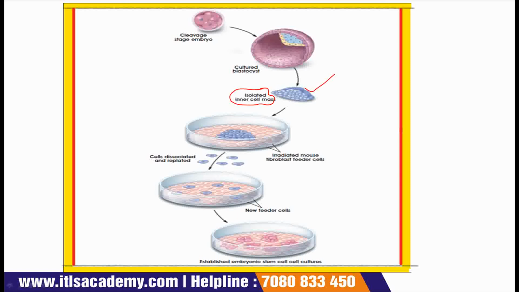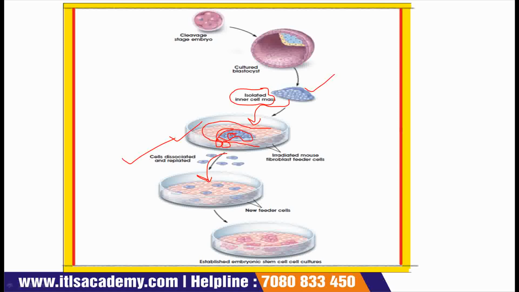Further, this inner cell mass is cultured in a petri dish. You can see here the inner cell mass starts differentiation. These cells are dissociated and replated. Some cells that are dissociated from here are again cultured or replated.